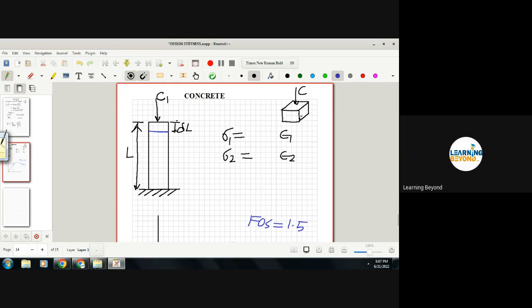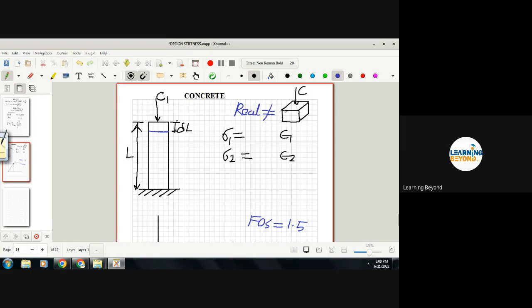So the cube is an indicative specimen or sample which we are testing. There has to be some factor considered for this shape, because this is different from your real structure. It is not exact to the real structure.